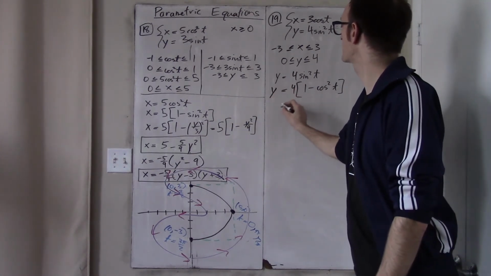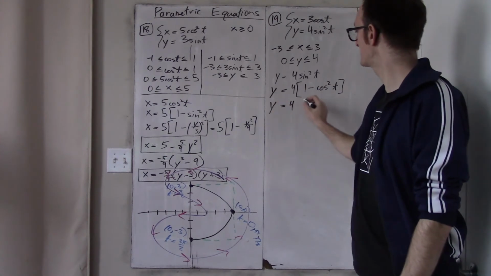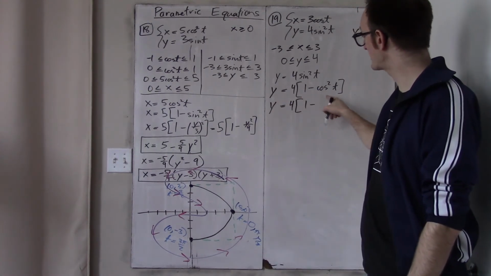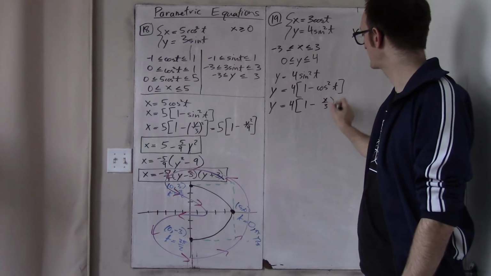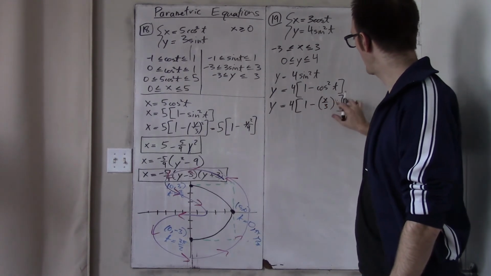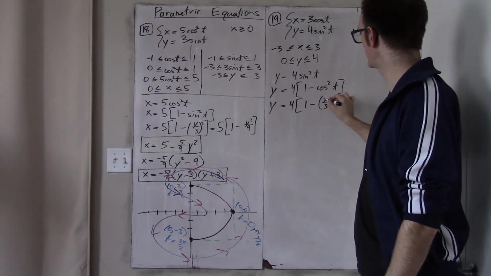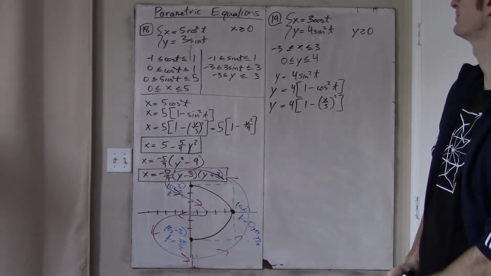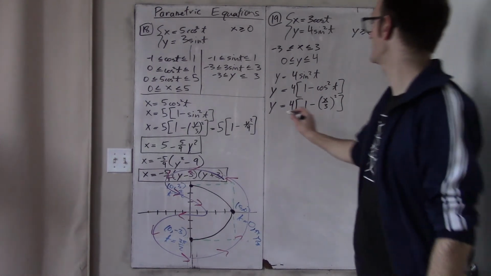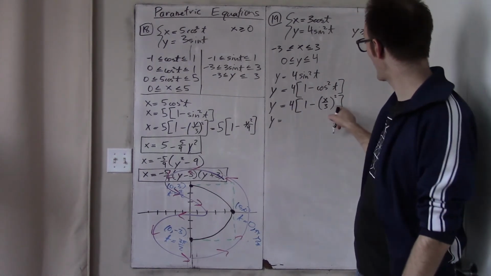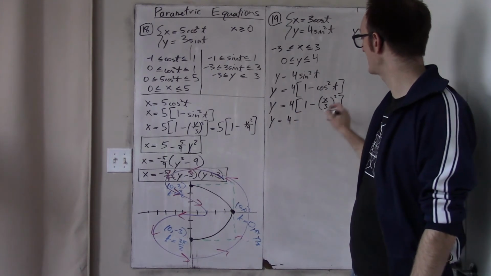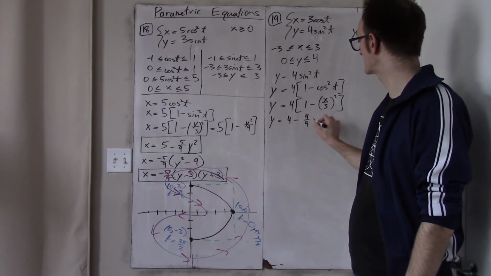So now I stick in x over 3 for cosine. And there we did it, we eliminated the parameter. And what do we get? We get that y is 4 minus 4/9 x squared.